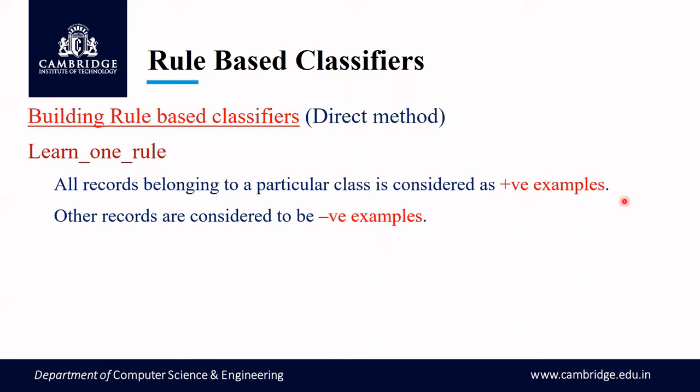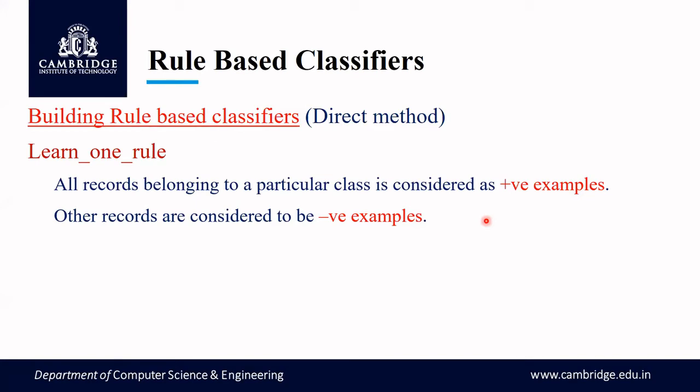Positive examples are the records which belong to the class that we have considered. As an example, let birds be the class for which I have to derive the rules.